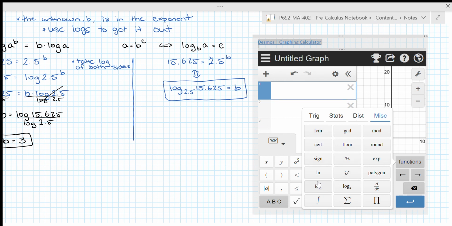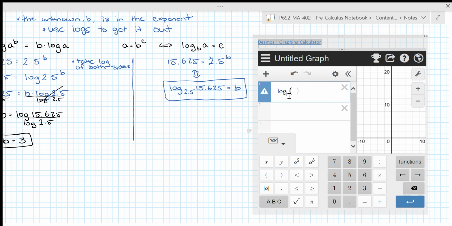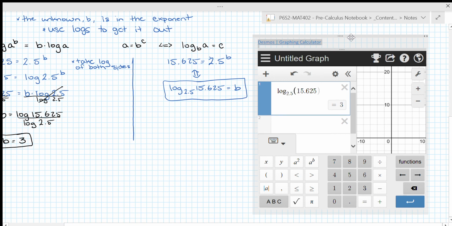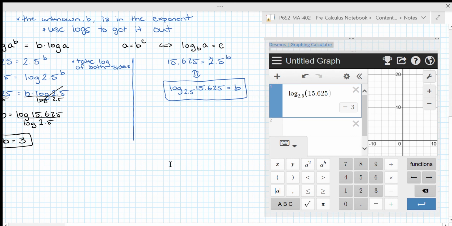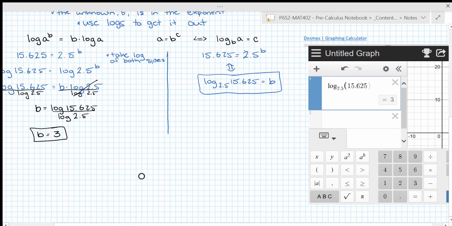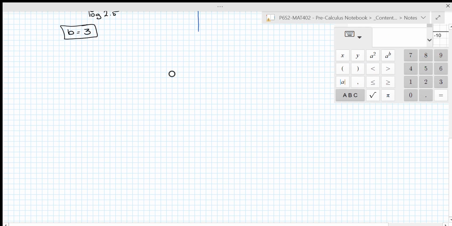So if you were doing the other method, I could do just the log of 15.625, close your parentheses, divided by the log of 2.5. Or you get this log base. So if I want to do the log base 2.5 of 15.625, I get 3 that way too. So you can use that method if you would like.